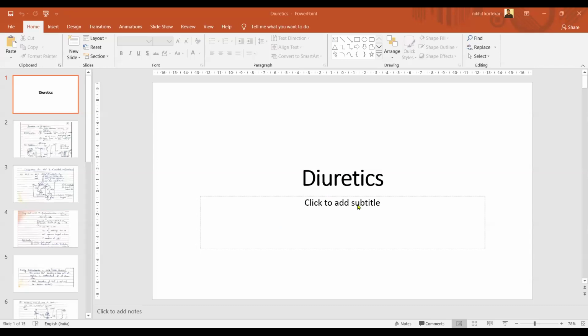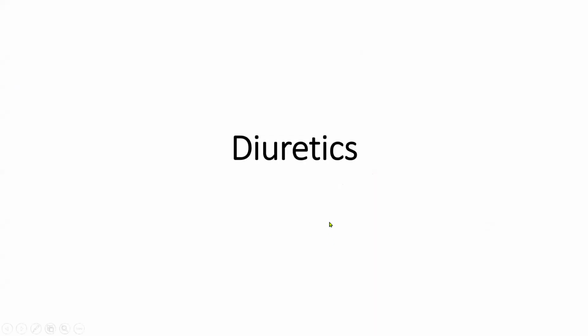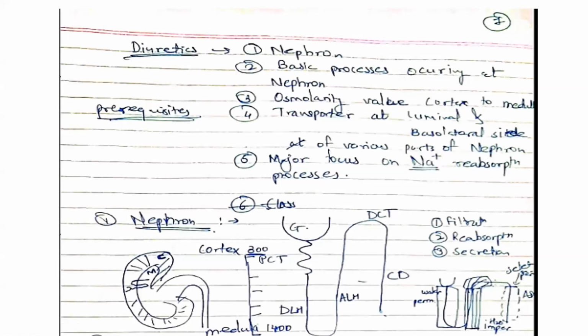So before learning diuretics in detail and their mechanism of action, we need to know a few important things. Now which are those important things? These are all prerequisites which we have already discussed in a lecture. The very first thing you need to know is about the nephron.